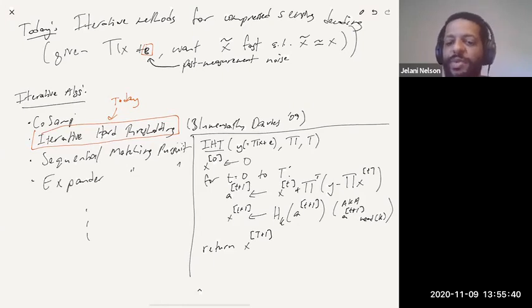Meanwhile, Π transpose Π x_t is supposed to be roughly x_t. So what a_{t+1} is trying to be is x_t plus x minus x_t. And lo and behold, the x_t's cancel, and what you're left with is x, which is great. You're trying to converge to x.